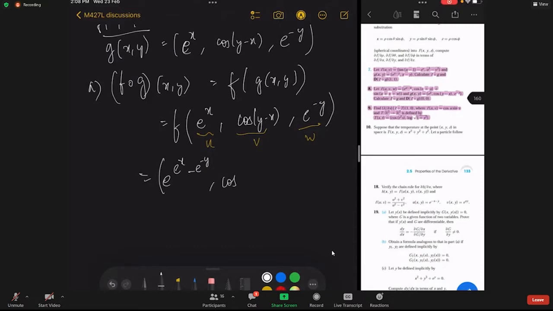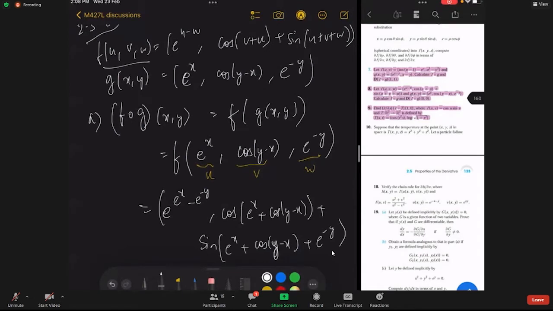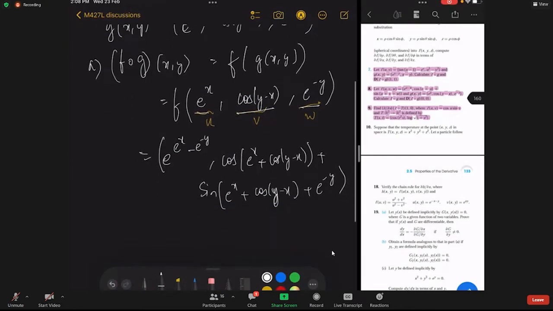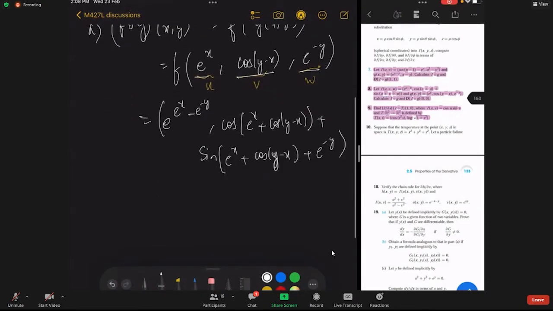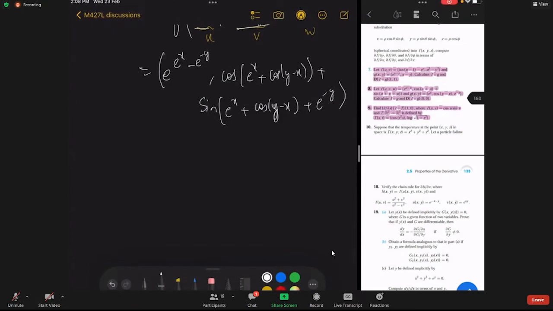Then you have cos of e power x plus cos of y minus x, plus sine of e power x plus cos of y minus x plus e power minus y. All I'm doing is substituting u, v, w with e power x, cos of y minus x, and e power minus y. The a part is very simple, straightforward, should not be any issue.